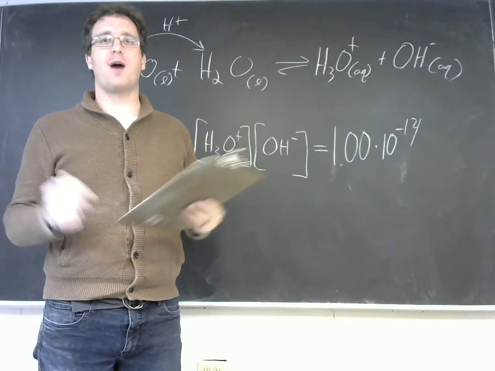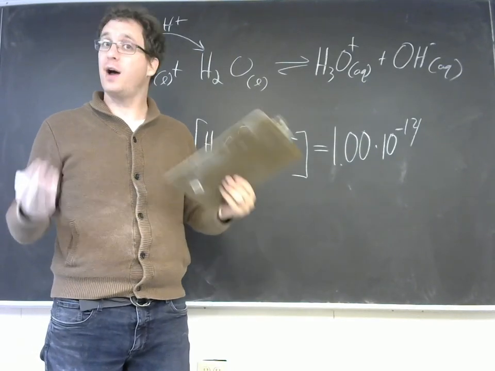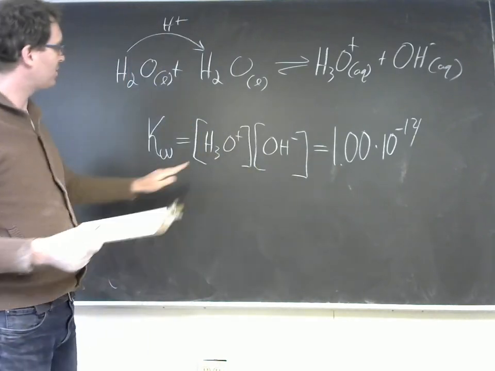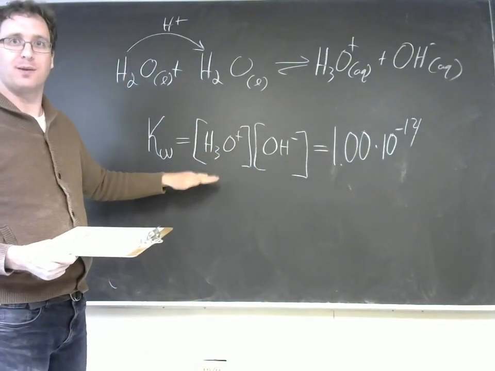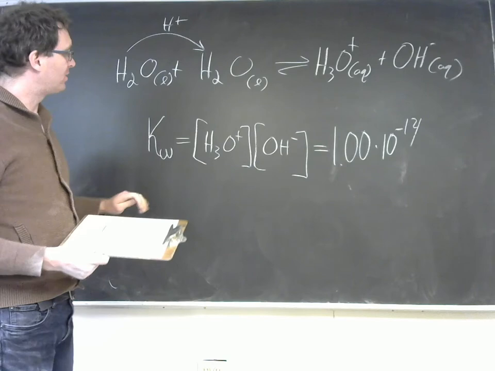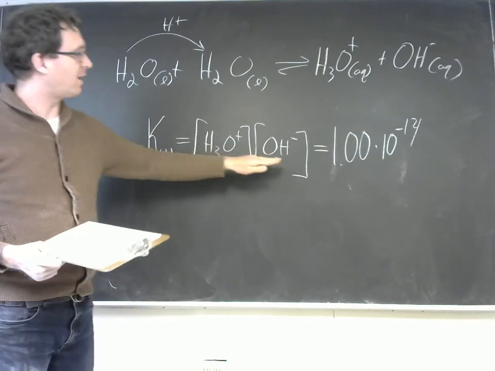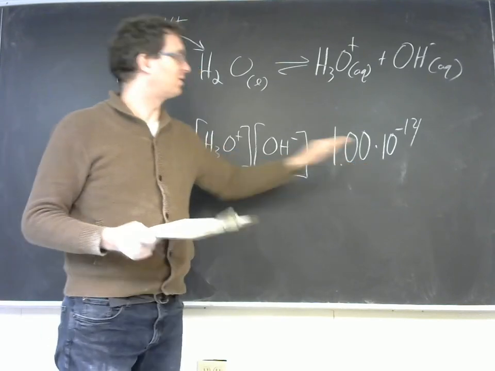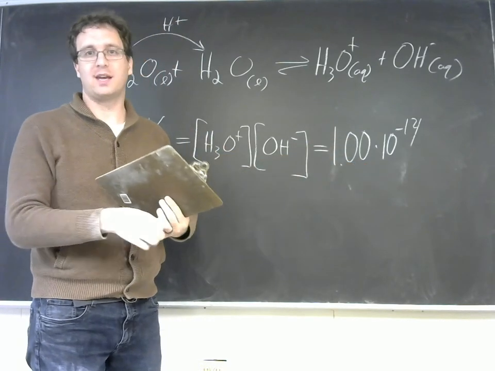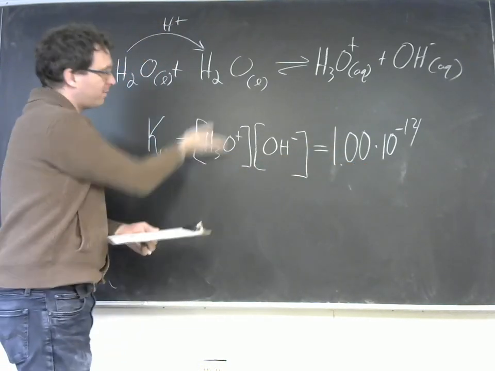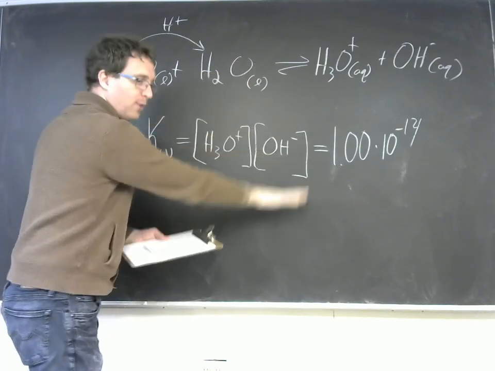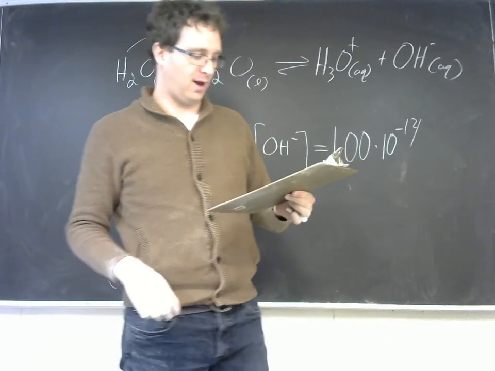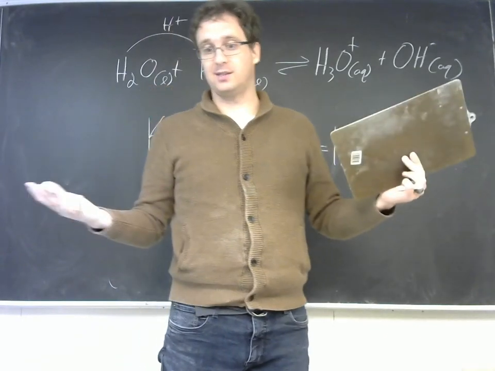Every drop of water on the earth has some hydronium and some hydroxide. And the amounts must obey the equilibrium constant here. And so H3O plus concentration times OH minus concentration is going to equal 10 to the negative 14th.